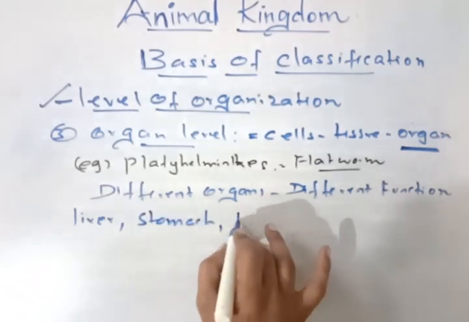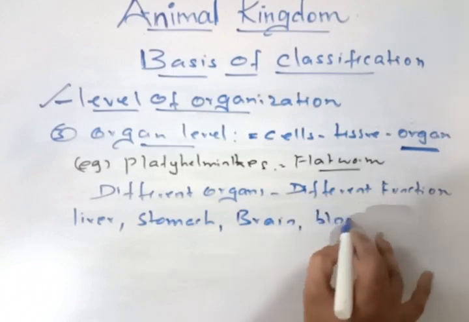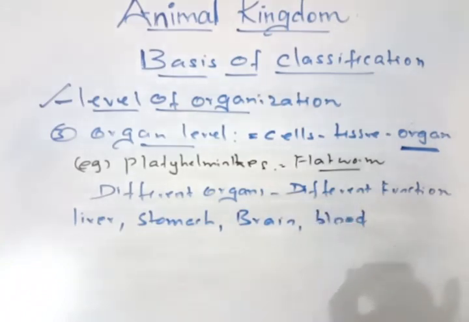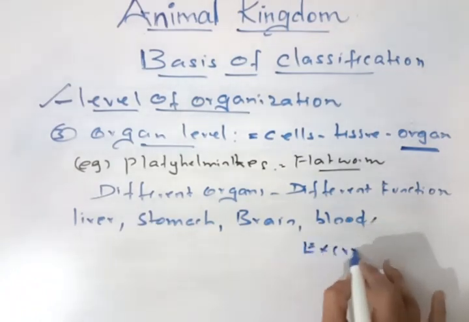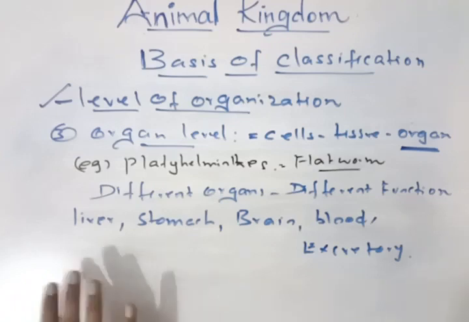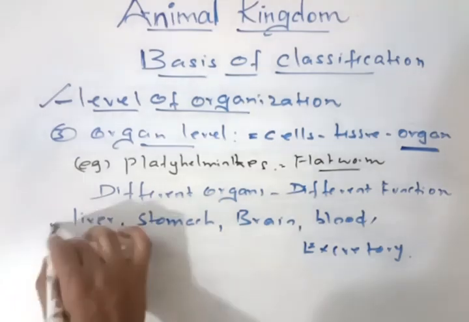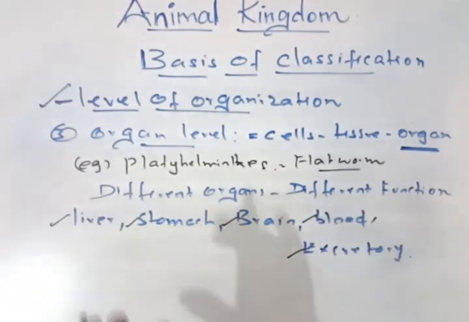Then it has a brain. Then blood circulation, that is heart, the circulatory system. Then excretory organs, all this. So all these are different organs, and they perform different functions. So that is what organ level of organization is.